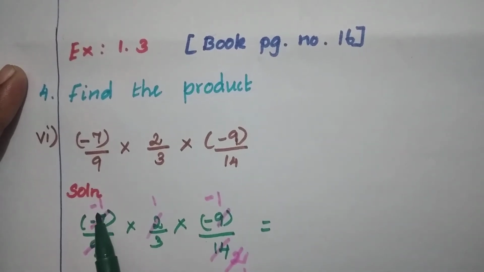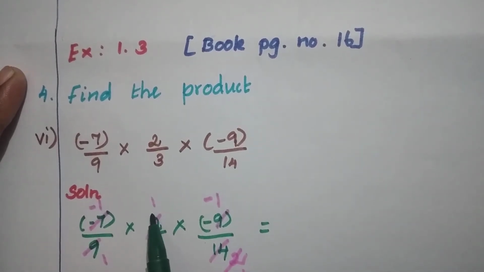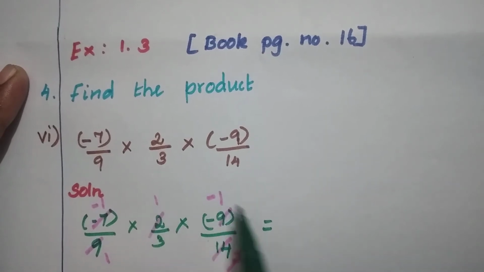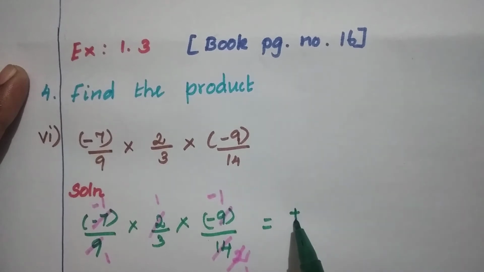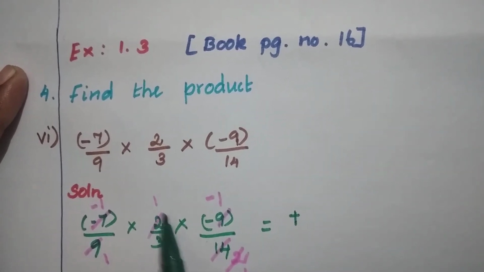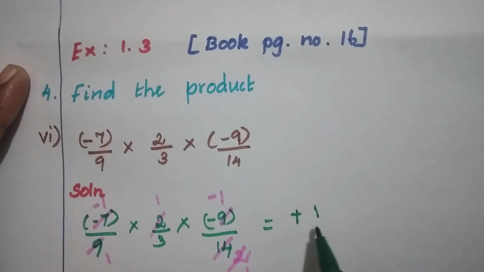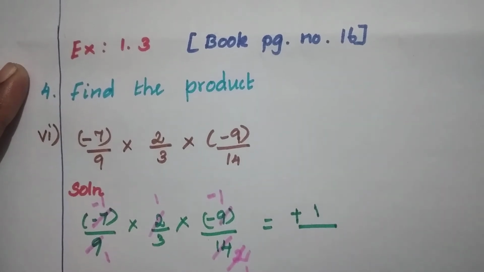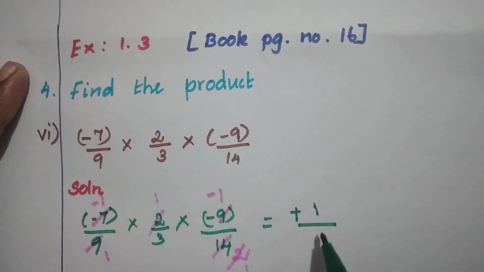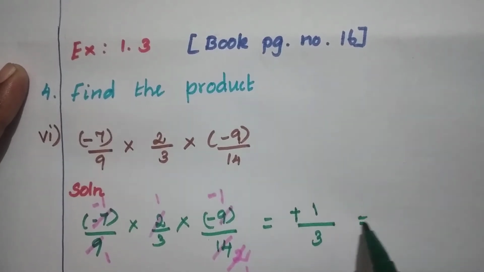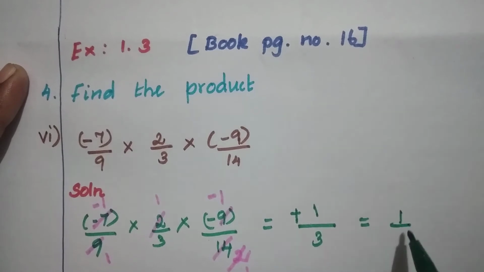So here minus into plus is minus, minus into minus is plus. So the numerator plus 1 into 1 is 1 divided by, so here all are positive, 1 into 3 is 3, 3 into 1 is 3, which is equal to 1 by 3.